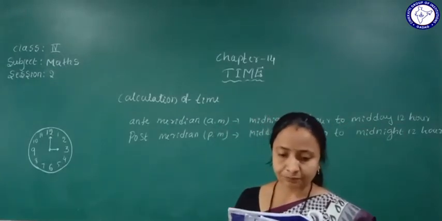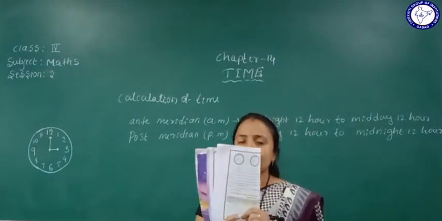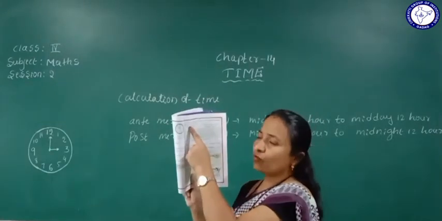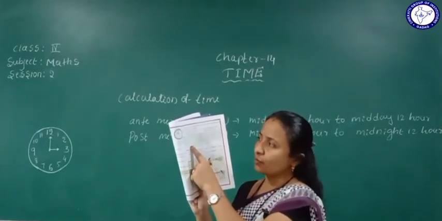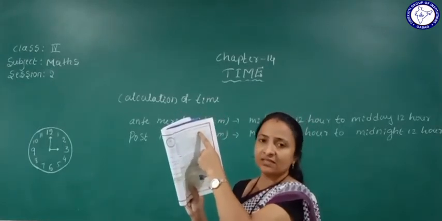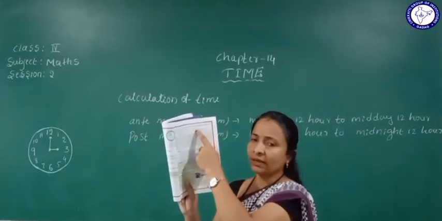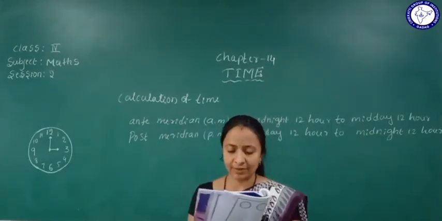Understood? So you can classify what you write: which activities come in the morning time and which come in the evening time. Here AM, here PM. You can mention that.